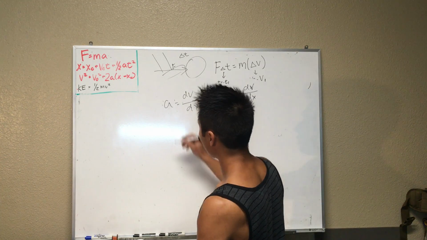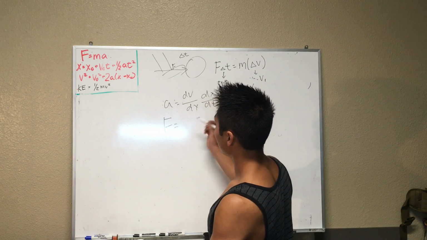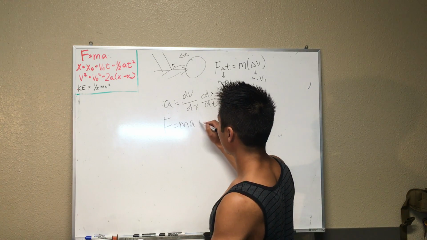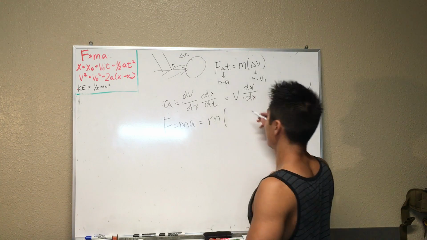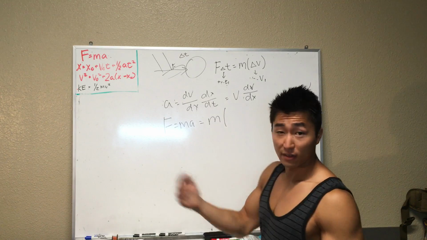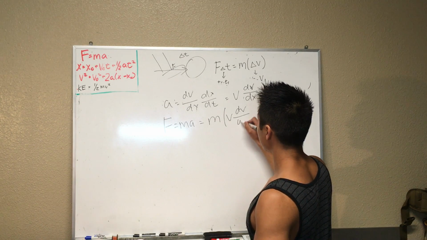So then when we write our formula f equals ma, instead of ma, we're going to write m times our acceleration represented in a different way, which is v dv over dx.